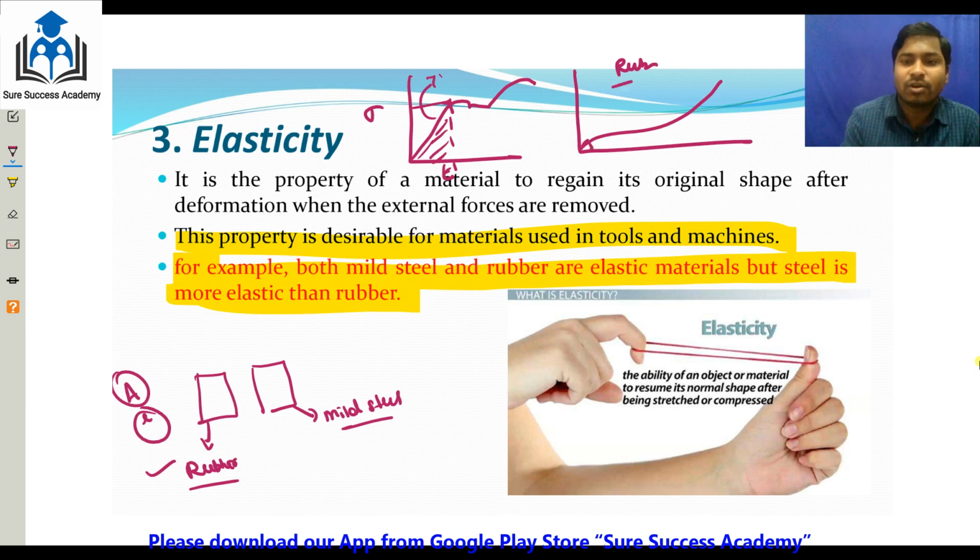For rubber, I think the modulus of elasticity is around 10 GPa, while here it is 210 GPa, which is also an indication of the elasticity. And actually the rubber's post-elastic deformation is more.